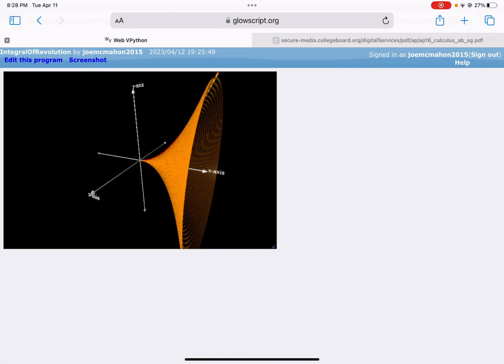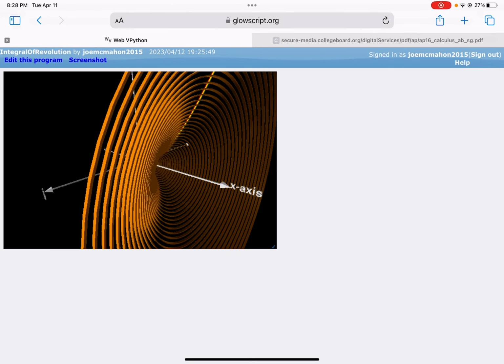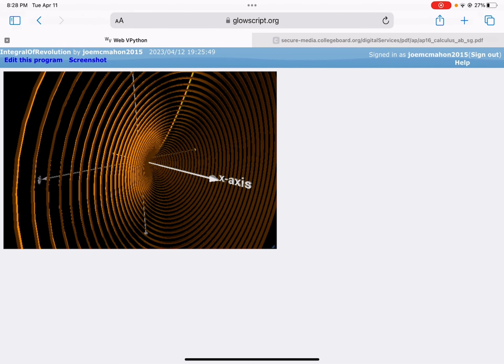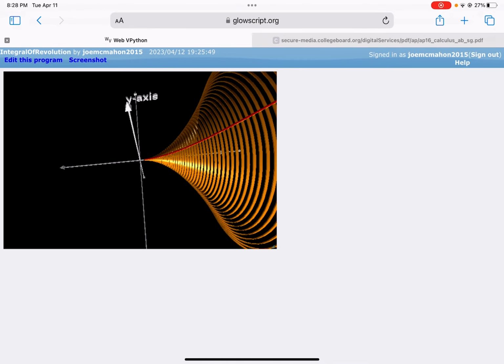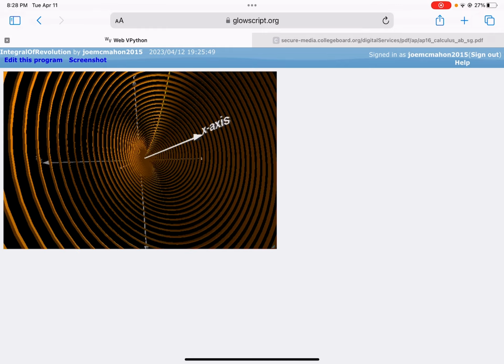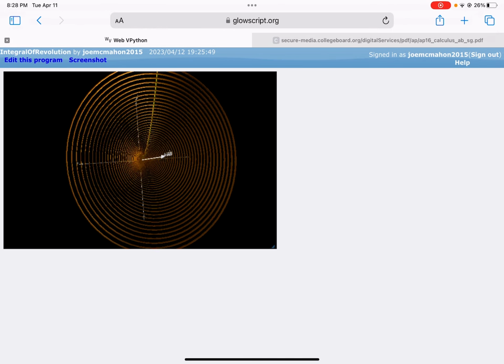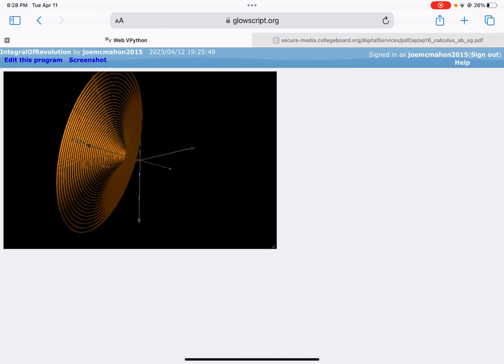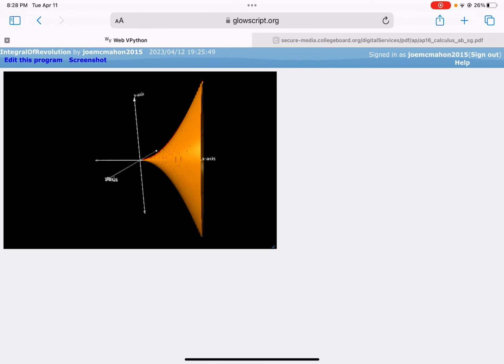Essentially what I'm doing is I'm treating the h as if it was x, right? So this x-axis, you can think of it as the h-axis or the height axis. And you can think of this y-axis as the radius axis, right? And it's creating this little curved funnel looking thing. That's kind of cool.